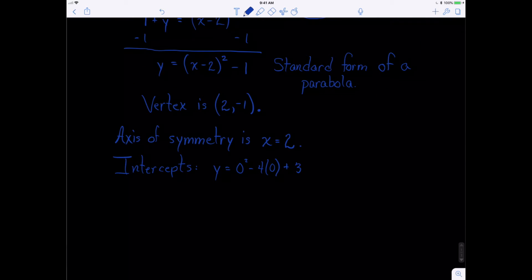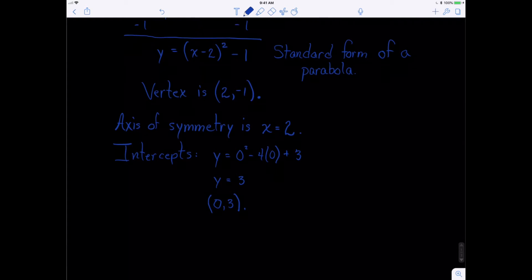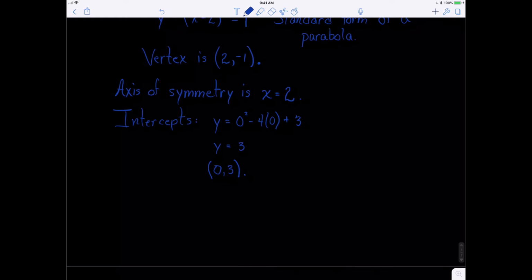So my y-intercept is at 3, but remember it's really a point. It's the point 0, 3. So this is my y-intercept.